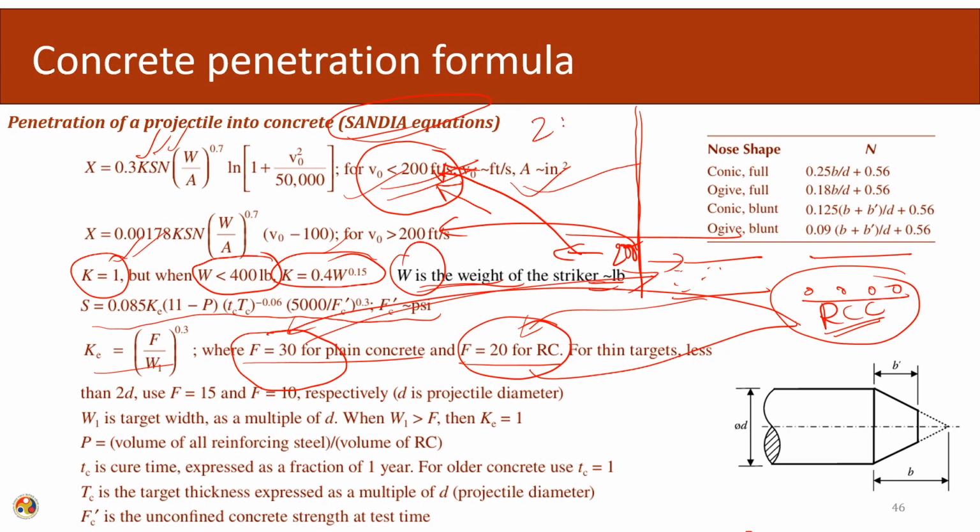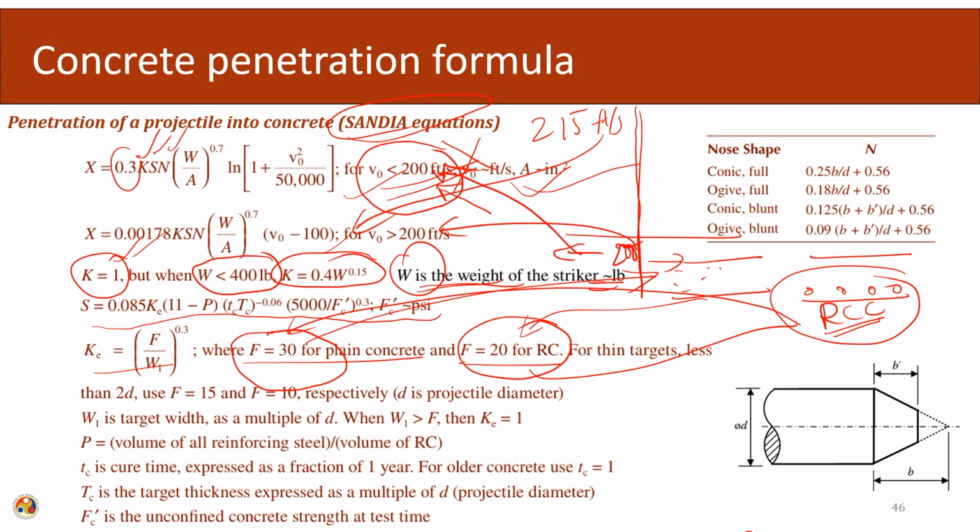Or if my velocity is say 215 feet per second, then this equation will come into picture, not this one. So, an appropriate equation has to be chosen depending upon in which limit we are. That is the key to appropriately choosing these equations. So, we will have to be careful also.